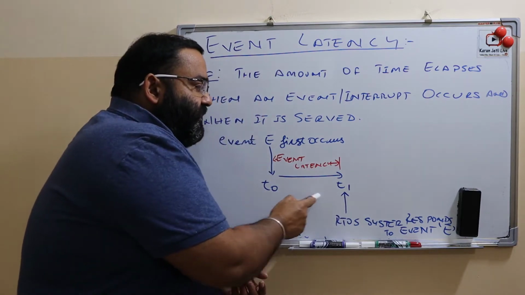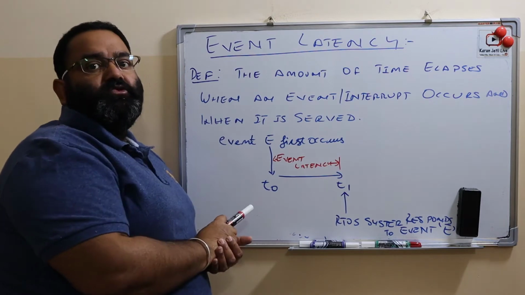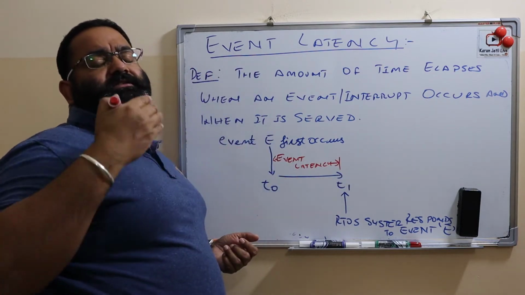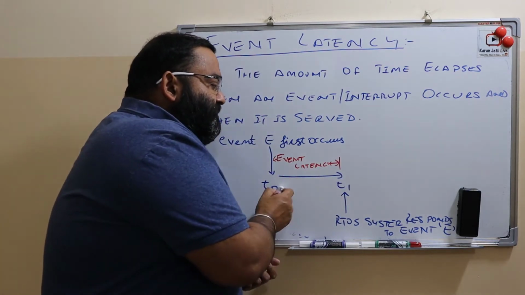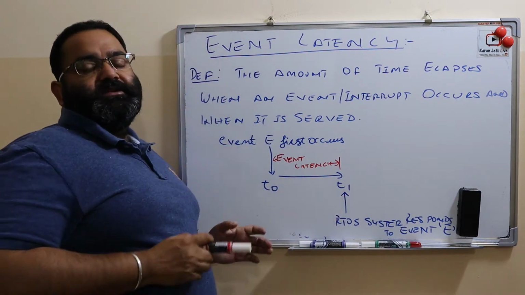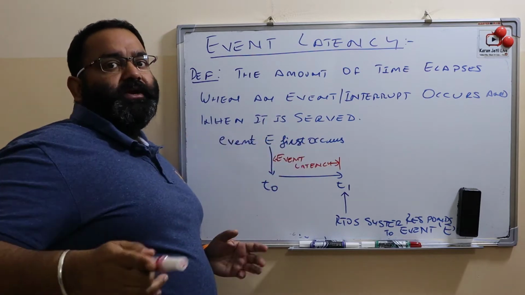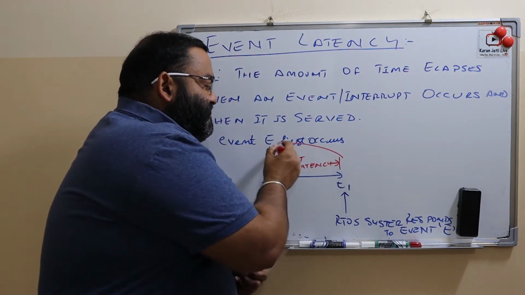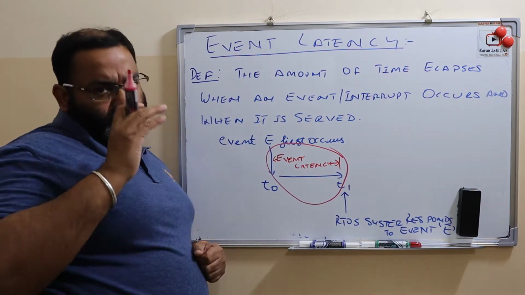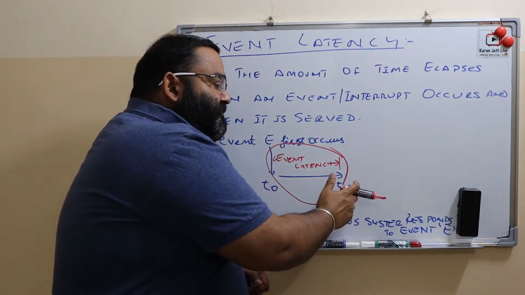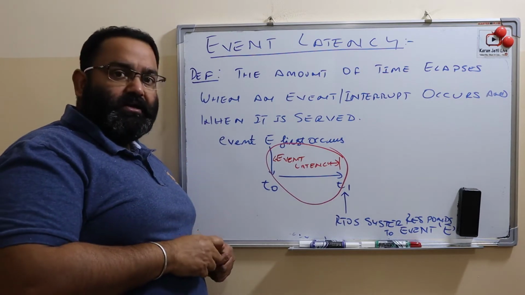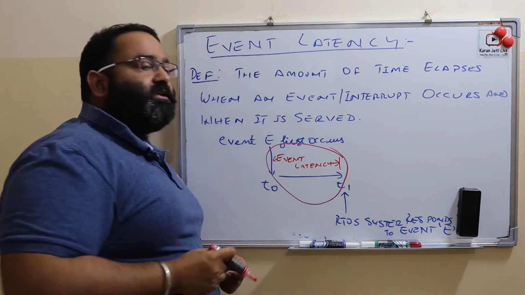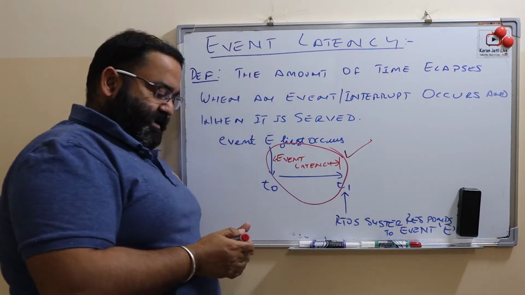At time t0 the event E occurs, and at time t1 the real time operating system responds to that event. The time between t0 and t1 is called event latency.